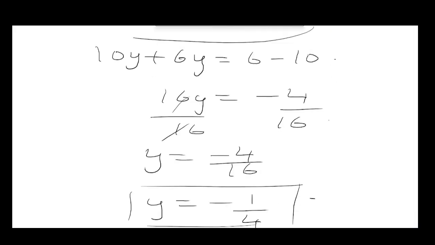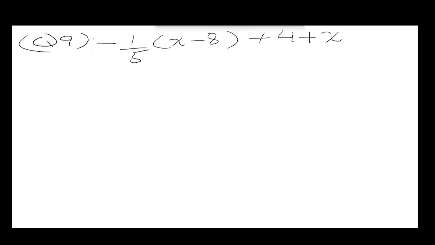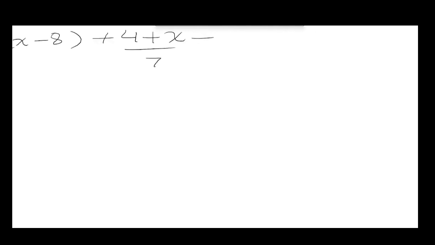So let's write the expression for question number 9. For question number 9, we have 1 by 5 bracket (x minus 8) added with (4 plus x) divided by 7, this is equal to 7 minus (23 minus x) over 5.